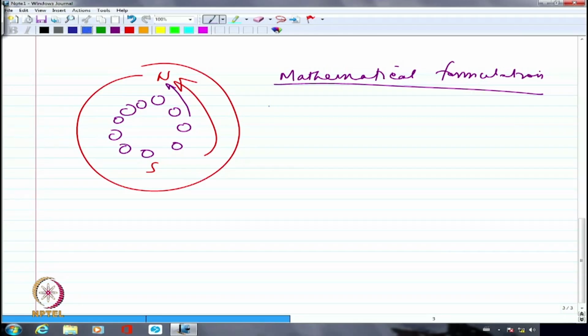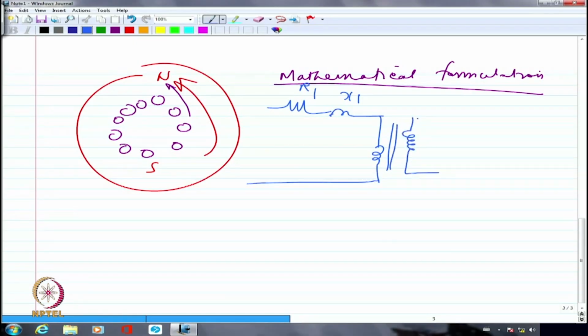So I can simply say this is R1, this is X1, and here is my magnetizing reactance or the actual coil, and I'm going to have this as the secondary, and I'm going to have R2 and X2. That's it. And what I am applying here is V1 per phase.